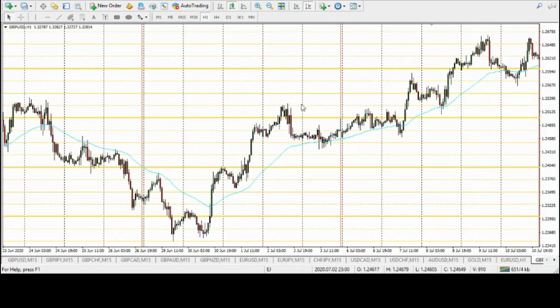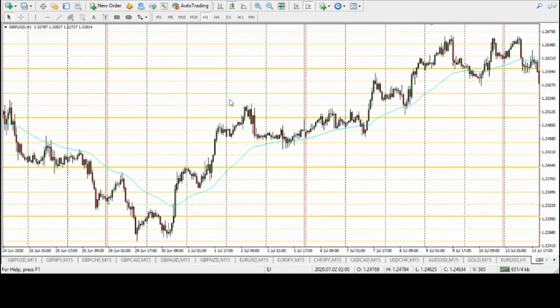Another thing we have to look for when price comes to the 50 EMA is that the market loves to make 25 to 50 pip stop hunts. That is what we're going to be looking for.